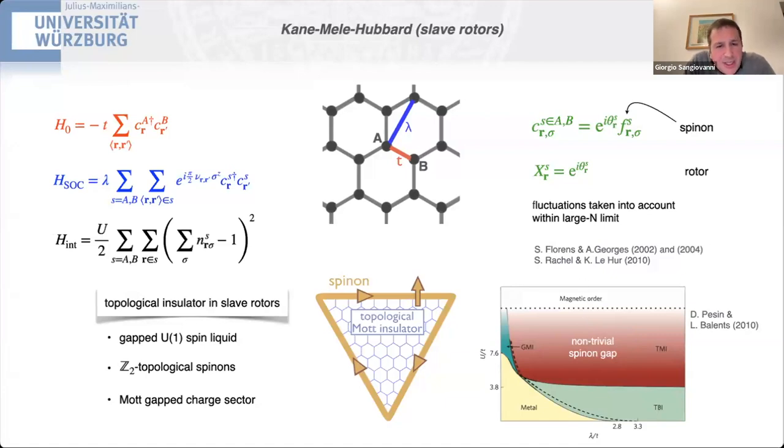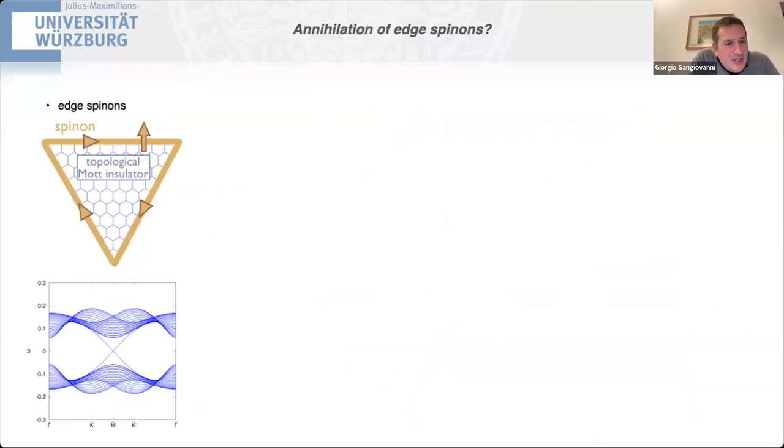And so here, now what Niklas did together with Daniele was to study this now in real space resolved geometries in order to study the interaction of these edge spinons with conventional edge states of TIs.